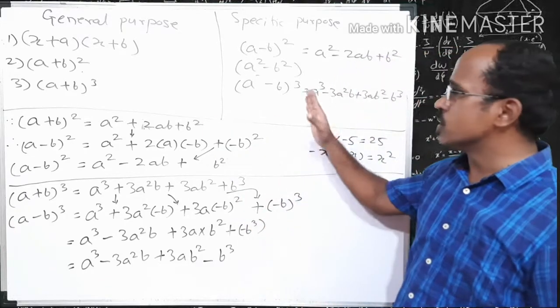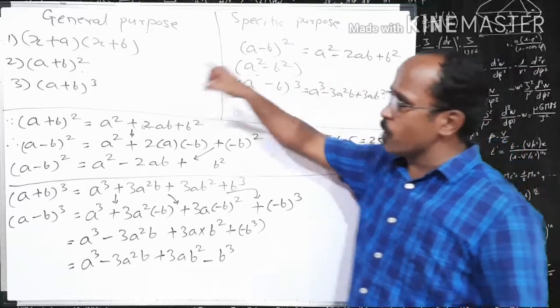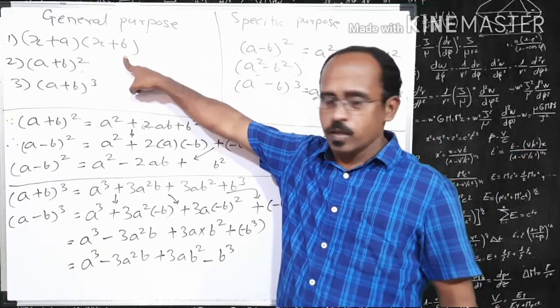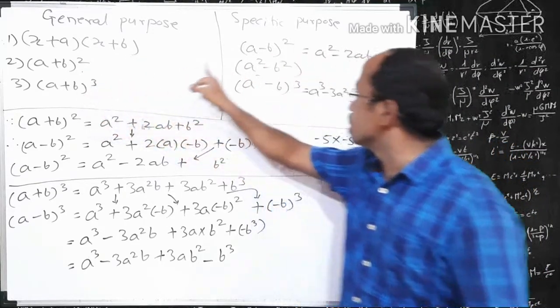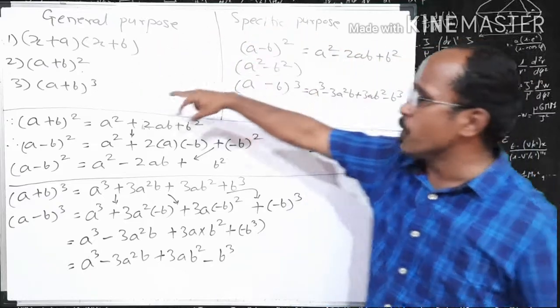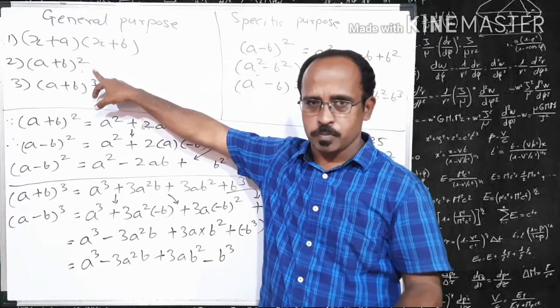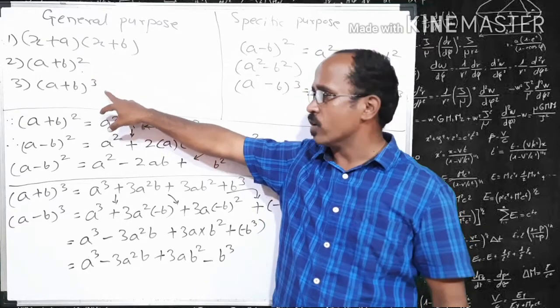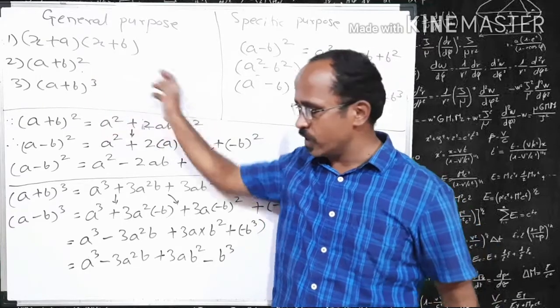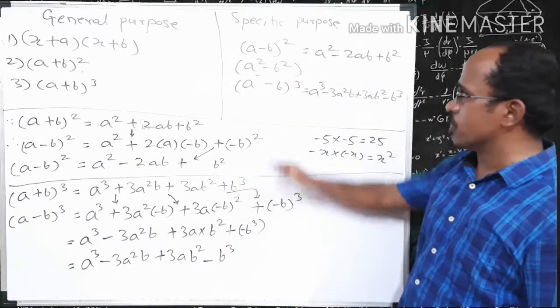Till now we are using specific purpose formulas. This formula we have used as a general purpose formula, but this formula, which is a general purpose formula, we used as a specific purpose formula. This formula also we never used as a general purpose formula, we directly used it as specific purpose.